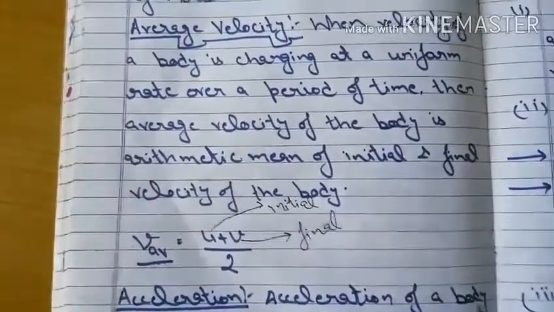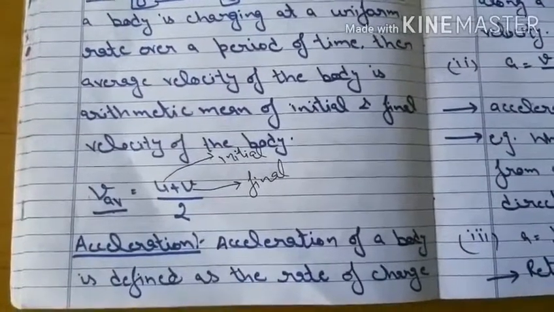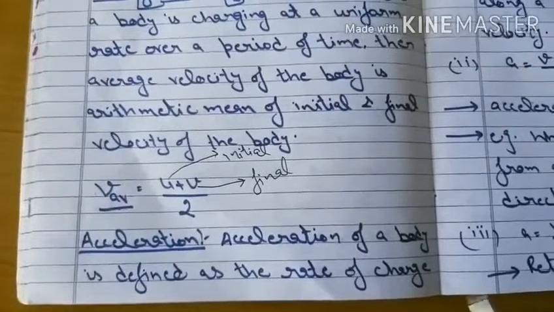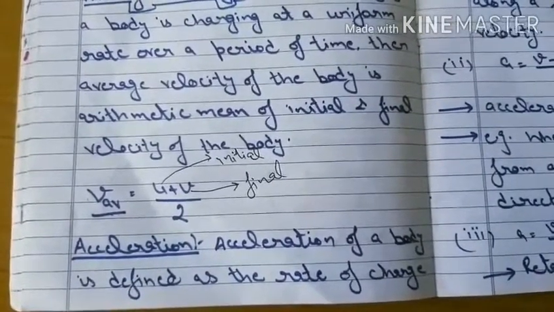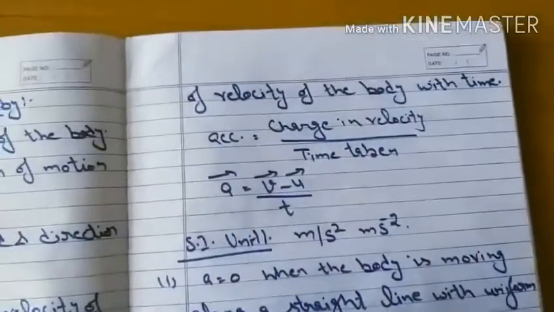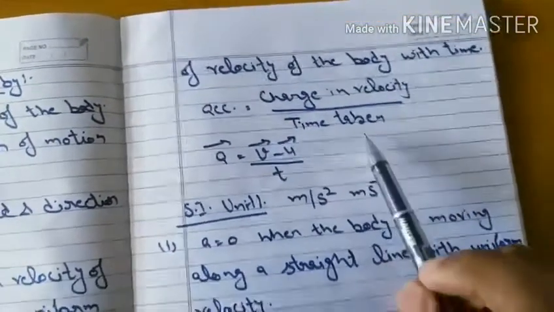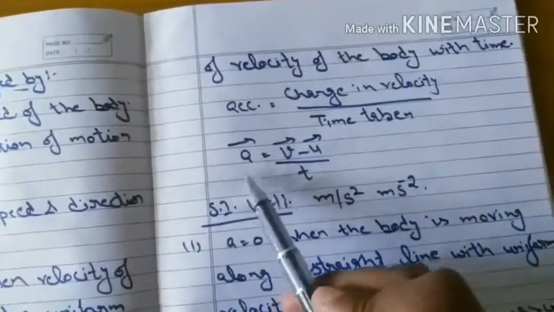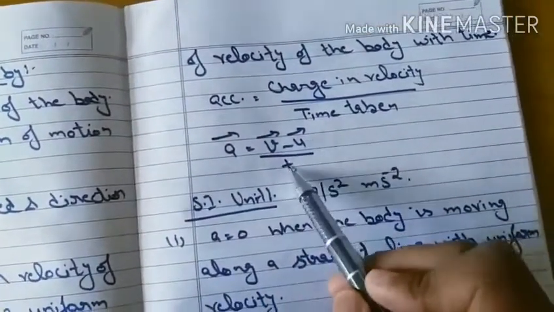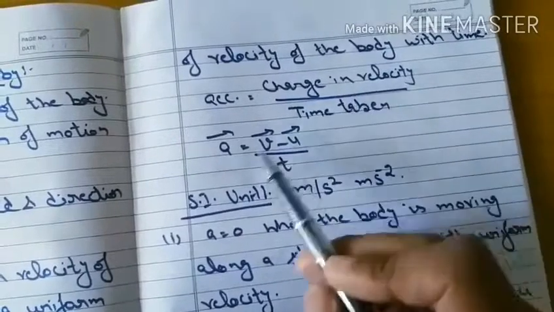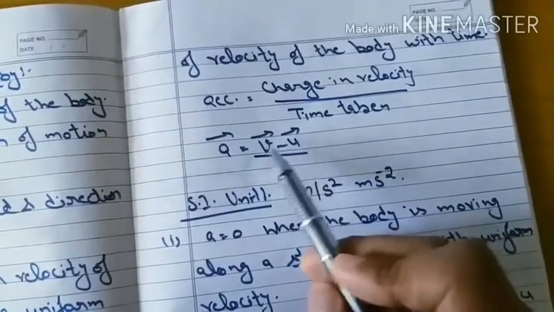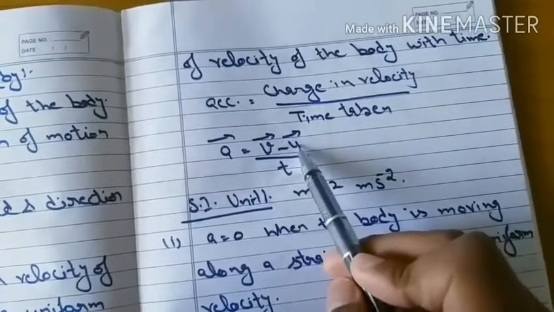Okay. Now the next important term is acceleration. Acceleration of a body is defined as the rate of change of velocity of the body with time. So acceleration is change in velocity per unit time, or we can write acceleration is equal to (v minus u) upon t. So change in velocity is v minus u, as v is the final velocity and u is the initial velocity.